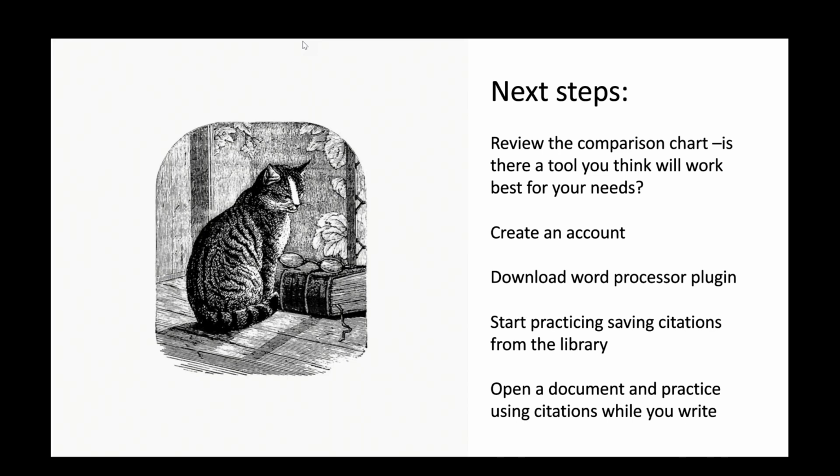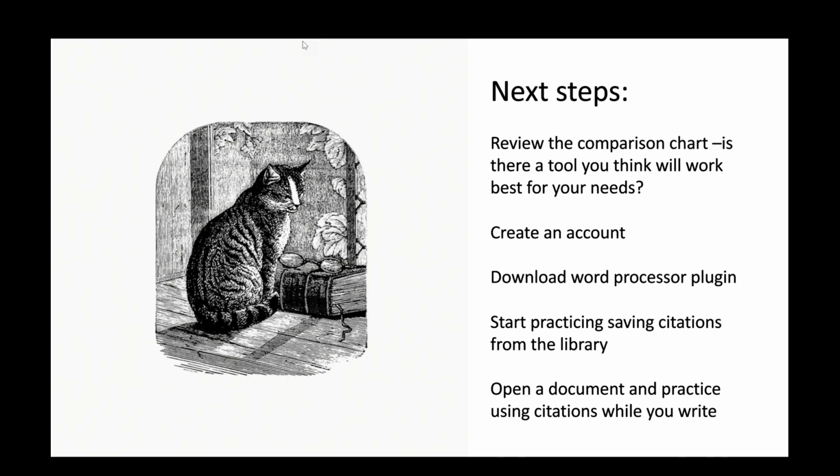Once you've created an account, go ahead and download that word processor plugin. So whether you're using RefWorks or the other tools, go ahead and do that and start practicing. Practice saving your citations from the library databases. You can try Google Scholar as well. That works very similarly.